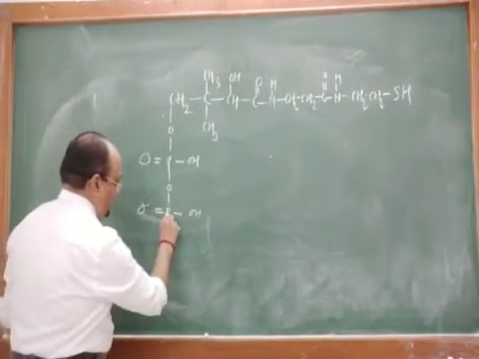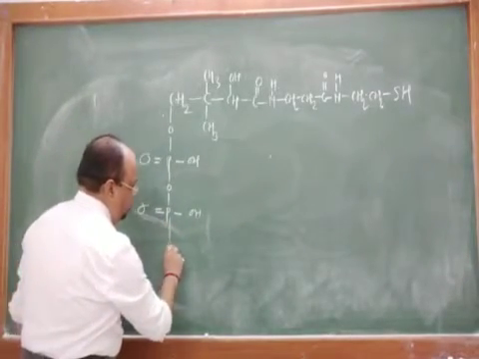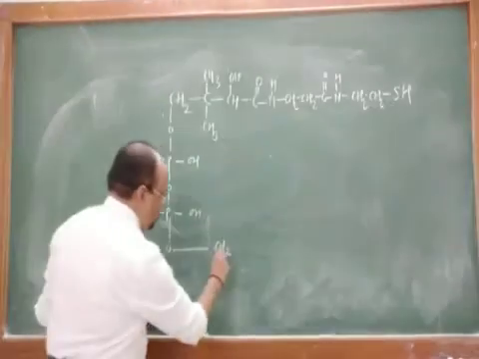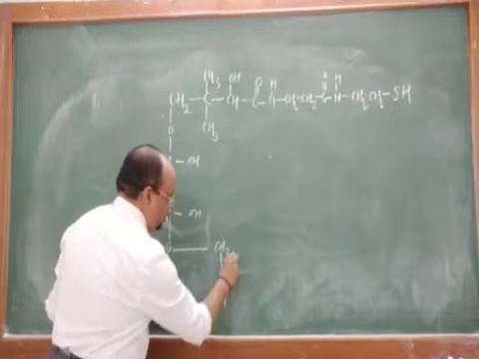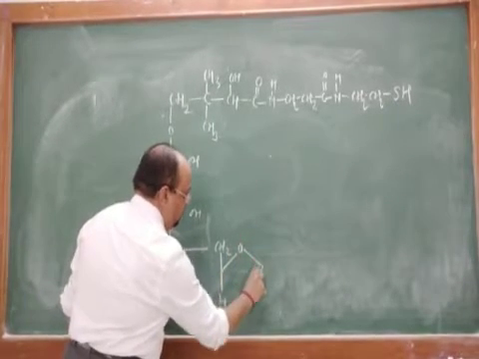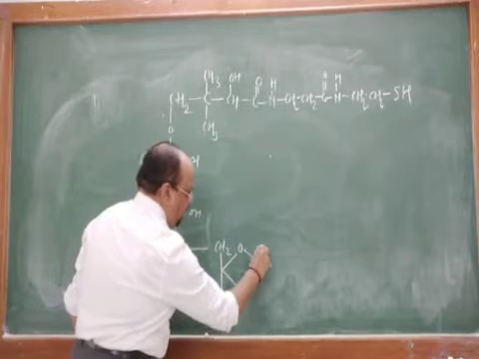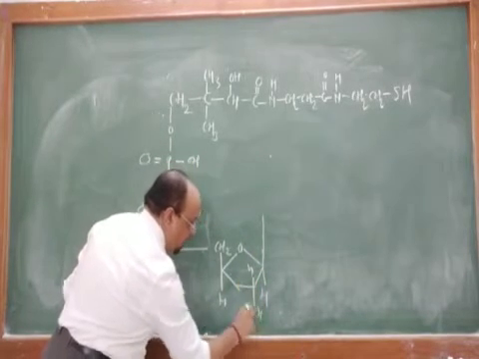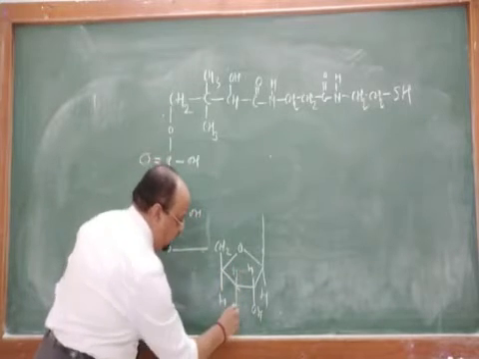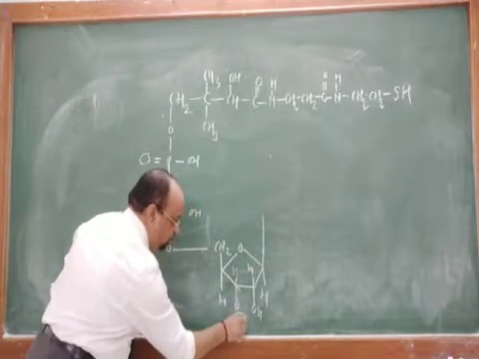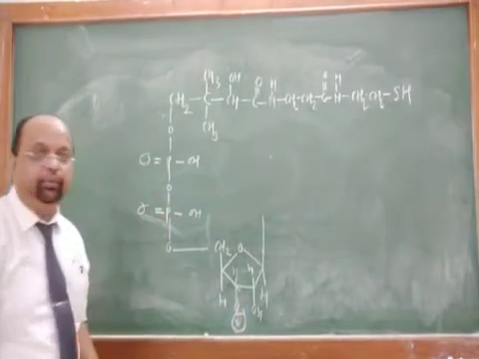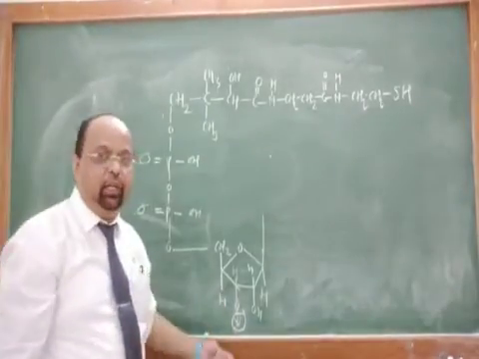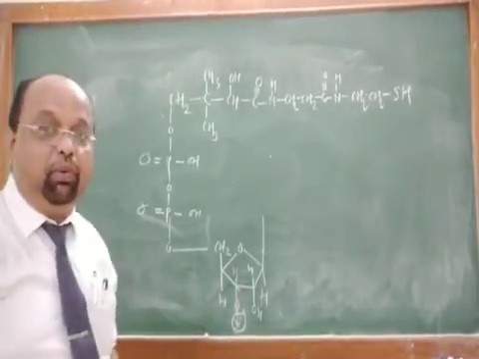Now the structure of ribose 3-phosphate: H, OH, here H, and here it is OP. The phosphate group is there on carbon number 3 of ribose, so we express it as ribose 3-phosphate.